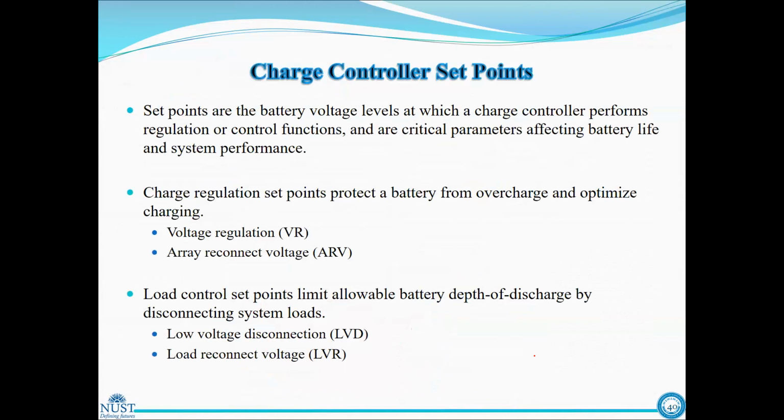To control these parameters, we have 4 set points for the controller. For example, you can see here voltage regulation, at which we will disconnect the photovoltaic array from the battery, and then the array will be reconnected again at this array reconnect voltage. Then there are 2 other voltages which are important for the depth of discharge or for the discharging process. You can see low voltage disconnection, where we will disconnect the load, and then again the load will be reconnected at this LVR value.